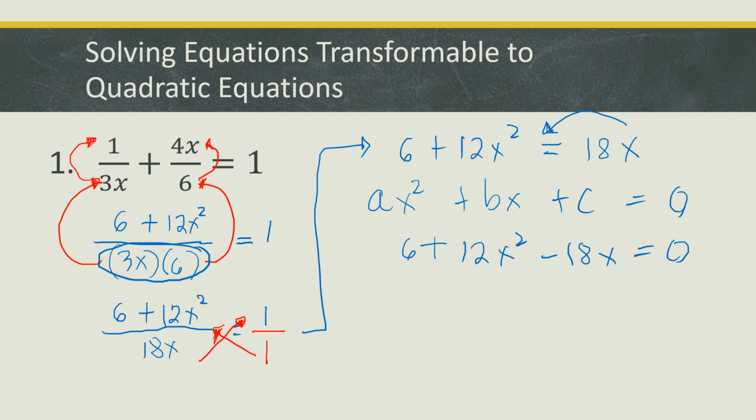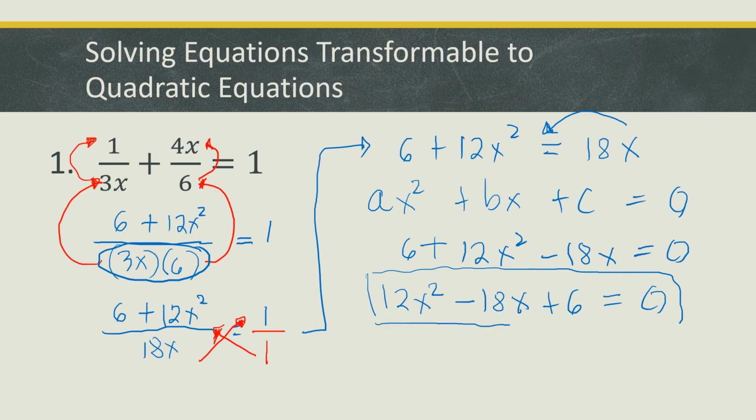So we will now arrange it from the highest exponent to the constant term. The highest exponent is x squared, or 2. We have now 12x squared, followed by negative 18x, followed by positive 6 is equal to 0. In this case, we have now this quadratic equation that we can solve.